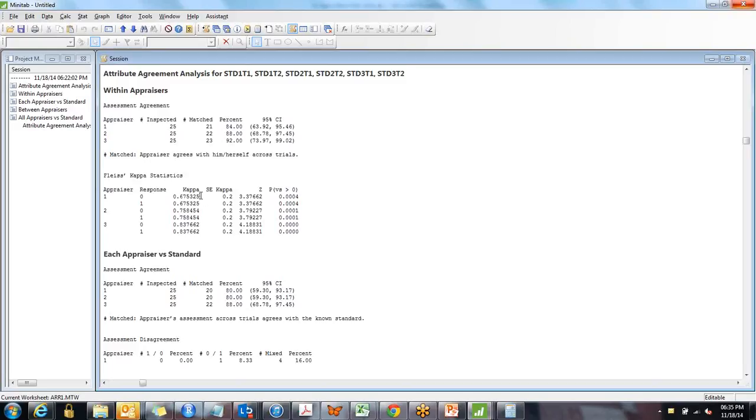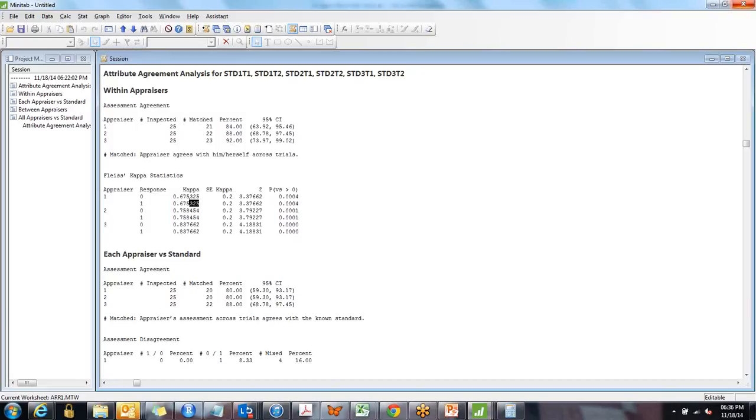So look at this kappa value. Kappa value should always be greater than 0.9 for good agreement. And at least it has to be greater than 0.7 for acceptable agreement. In this case, appraiser 1 has unacceptable repeatability. So he's not repeating himself. What was his response? 0 if the sample was bad, 1 if the sample was good.